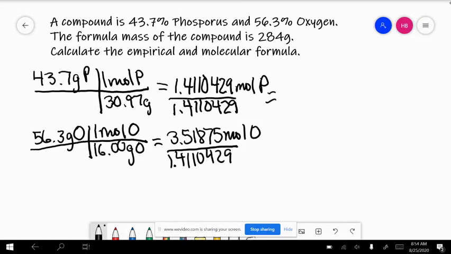This is obviously 1. And this one is going to be 2.5. Now remember, we said we can't have a decimal. So what I do here is I say to myself, for every 1 piece of phosphorus, there's 2.5 pieces of oxygen.